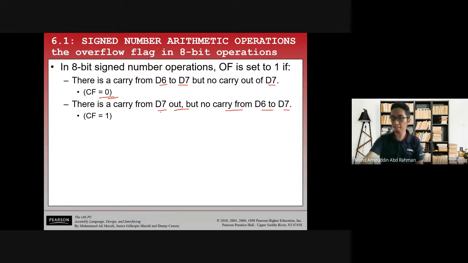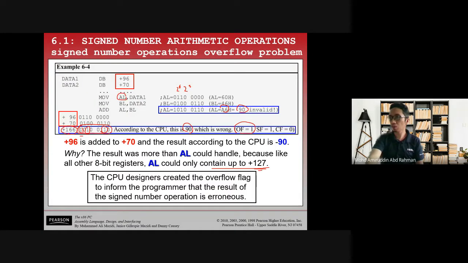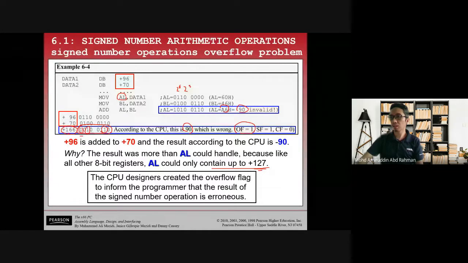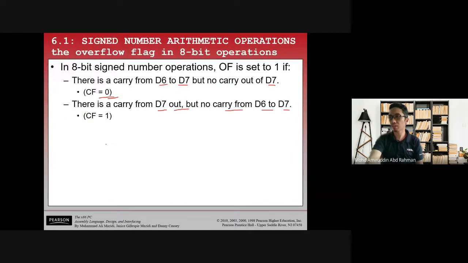So you look over here, we have D6 and D7. At D7 it is 0, but there is a 1 there after D7.